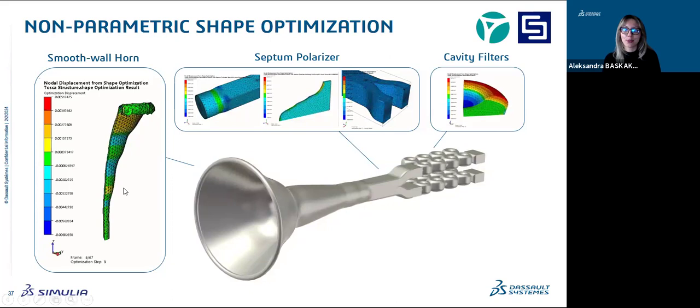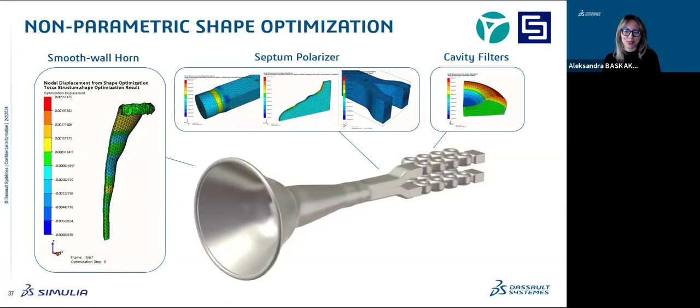As an example, you can see the whole monolithic antenna feed chain with the horn antenna, septum polarizer, and cavity filters optimized by the non-parametric shape optimizer.